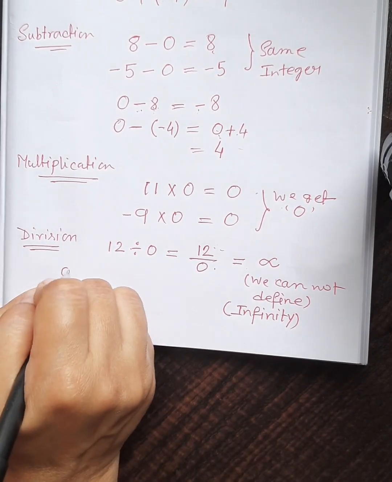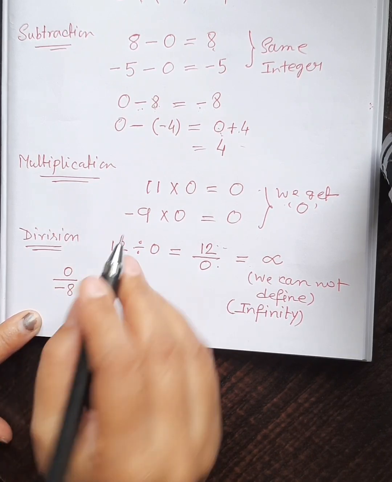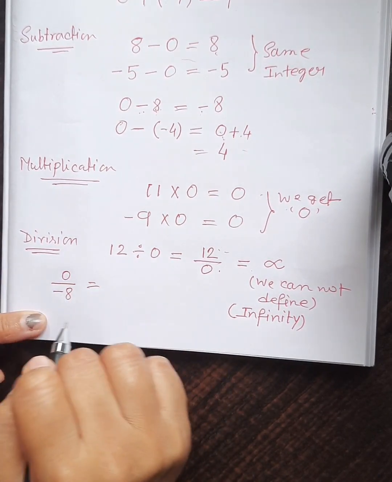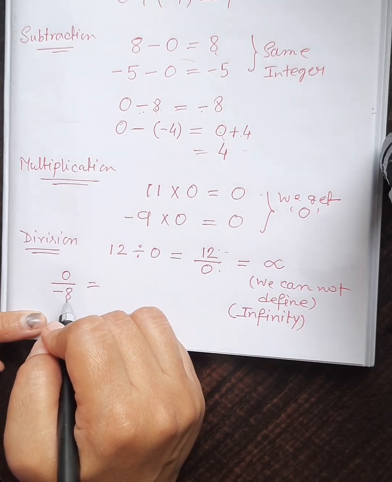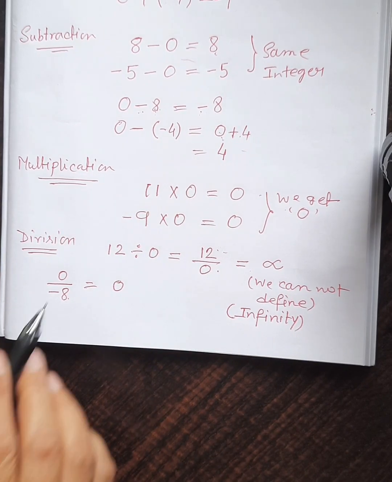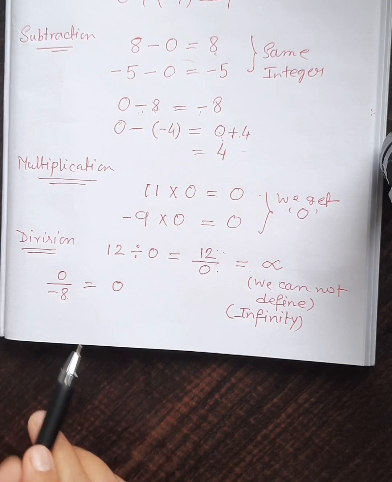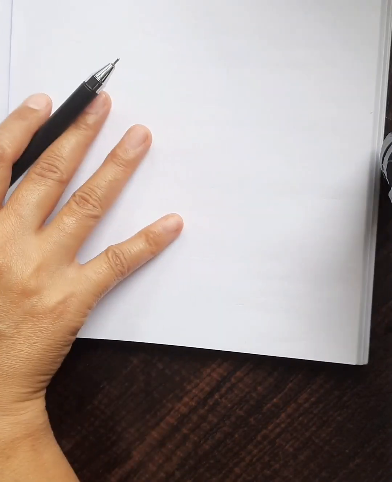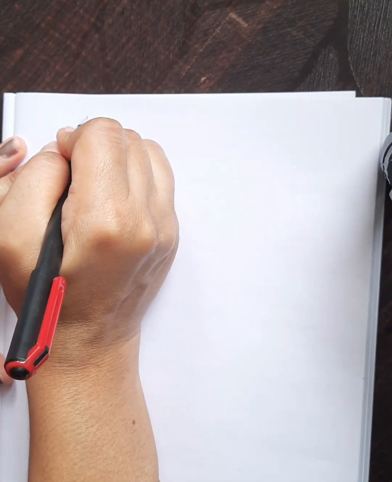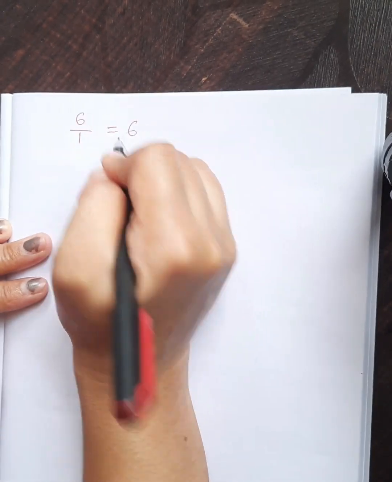But when 0 is divided by, suppose minus 8, here numerator is 0 but denominator is minus 8. That means the result is 0. 0 divided by any integer, then we get 0. Okay. Now if an integer is divided by 1, then we get the same integer.